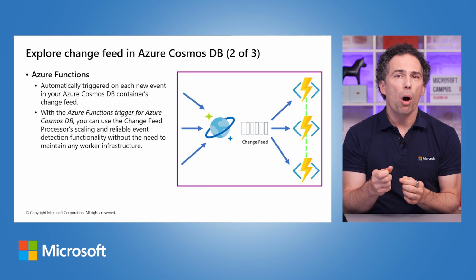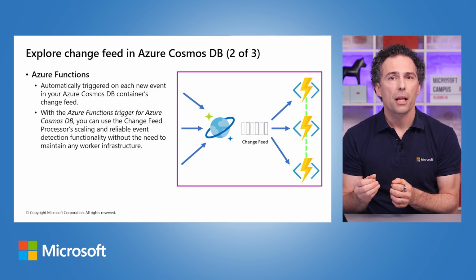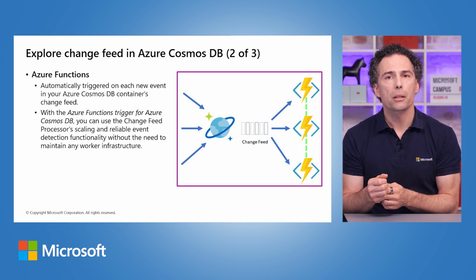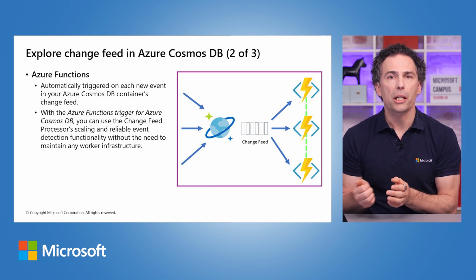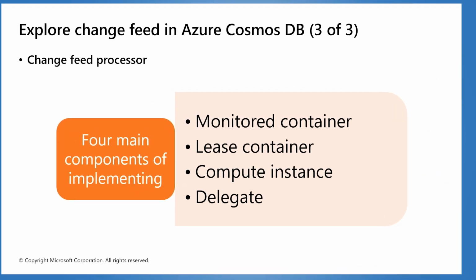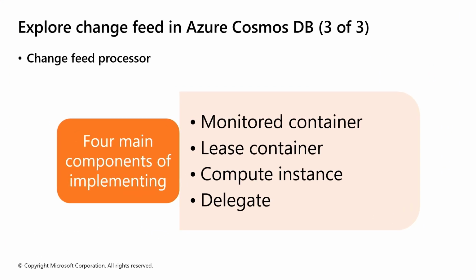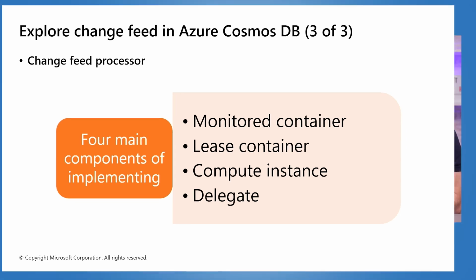You can create small reactive Azure functions that will be automatically triggered on each new event in your Azure Cosmos DB container's change feed. The change feed processor is included in the Azure Cosmos DB .NET version 3 and Java version 4 SDKs. It makes it easier to read the change feed and spreads the event processing among multiple consumers efficiently.